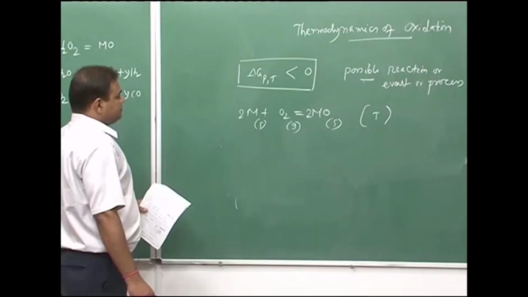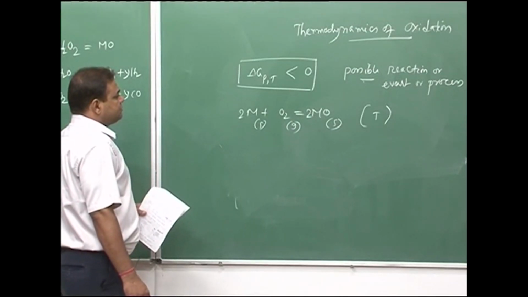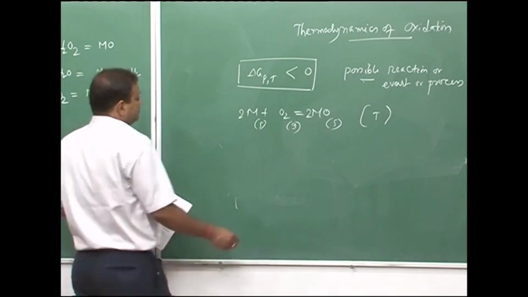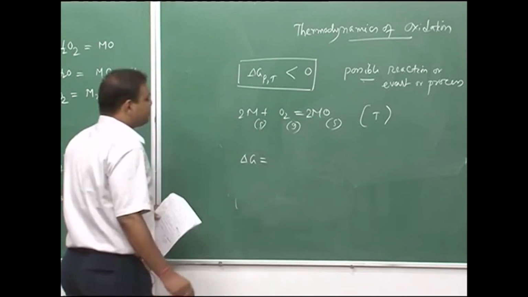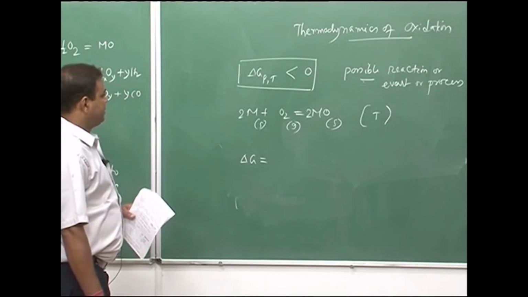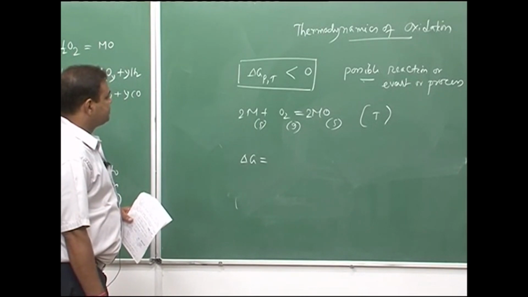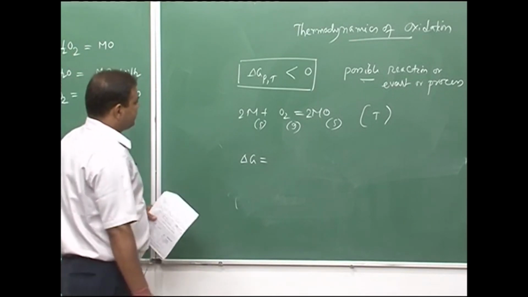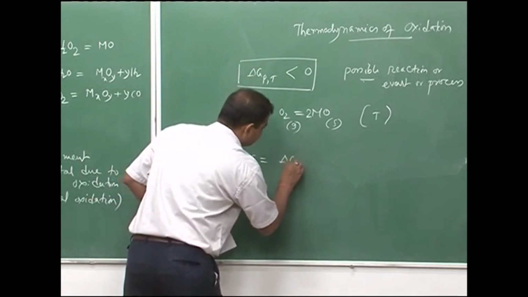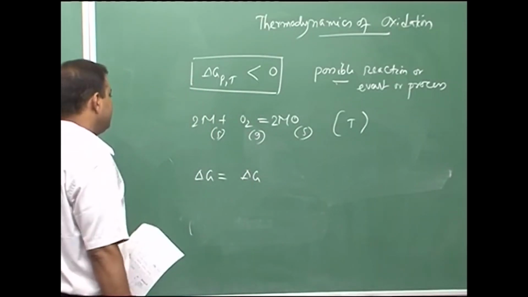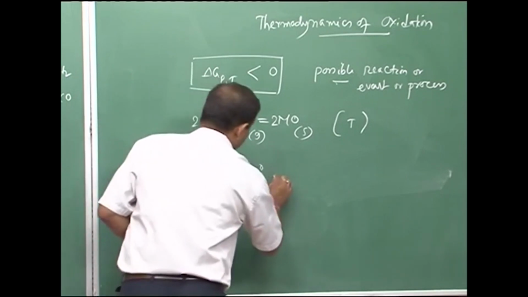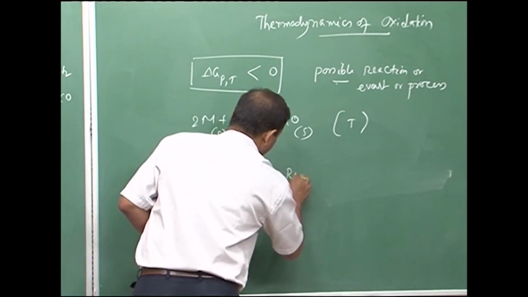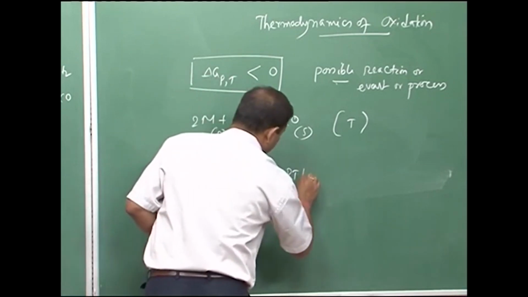Now, we can determine the free energy change for this oxidation process from the reaction isotherm. We have already talked about this reaction isotherm, which says that this is equal to minus RT ln K.